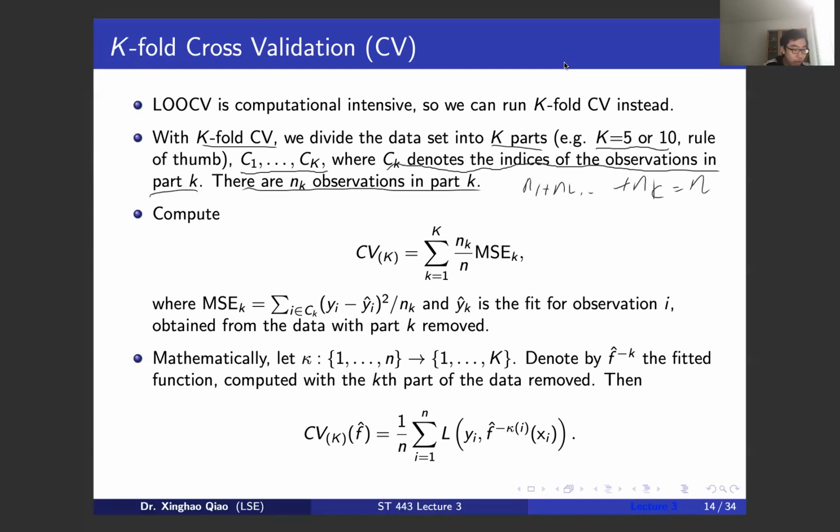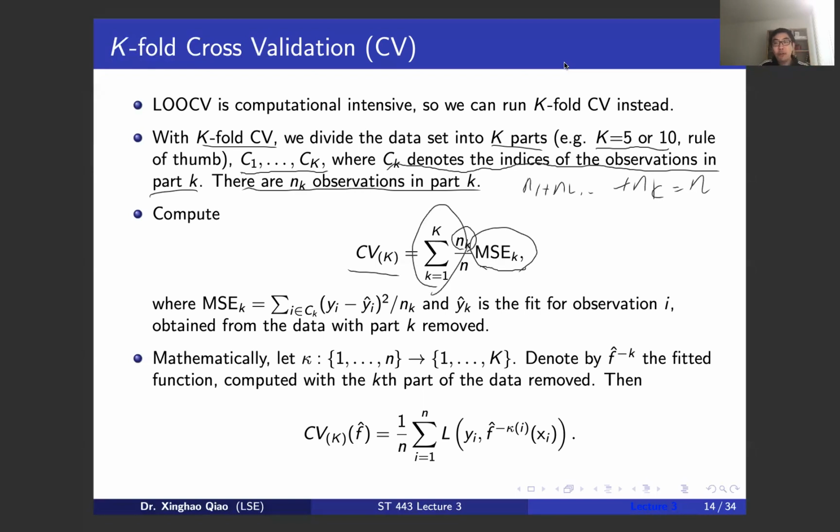Now we can calculate the cross-validation error for the k-fold cross-validation. The mean square error here means we treat the k-th part as the testing data, and then we calculate the mean square error. Then we pool over all the different parts, because we divide the data into capital K different parts. We multiply by the number of observations from the k-th part, divide by the total number of observations, and sum over all K parts.